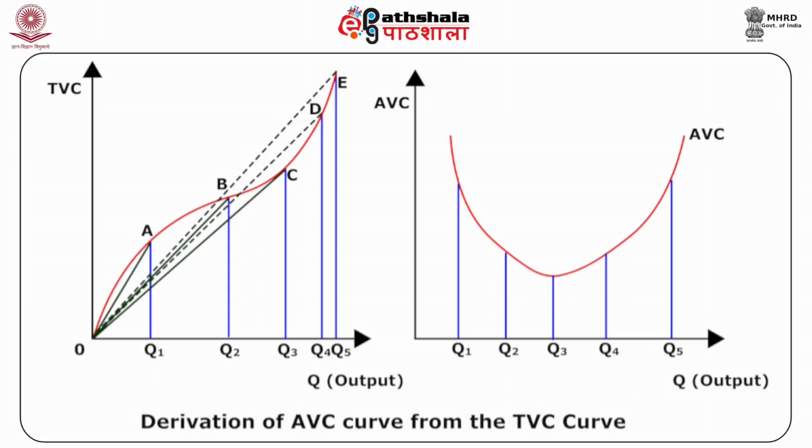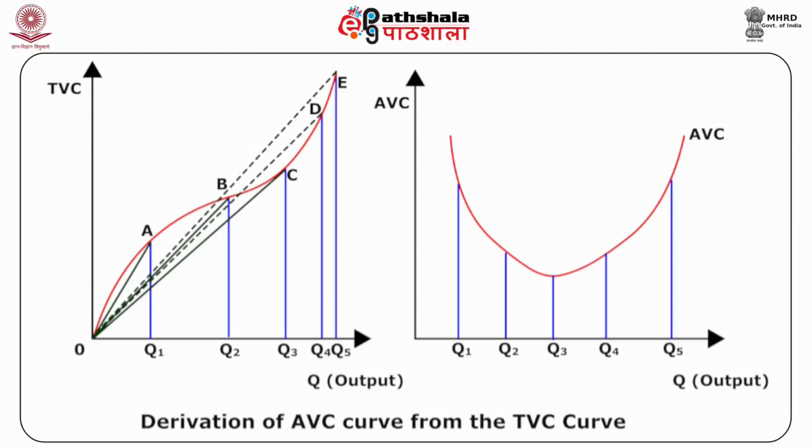You consider a ray from the origin. The height of the total variable cost is, let us say, AQ1 when the output is Q1. Now, the slope of this line OA will give you the average variable cost.